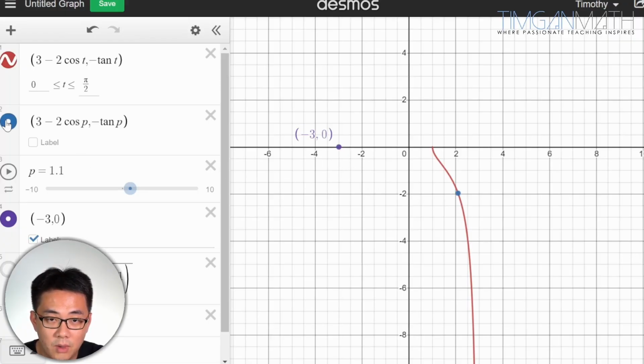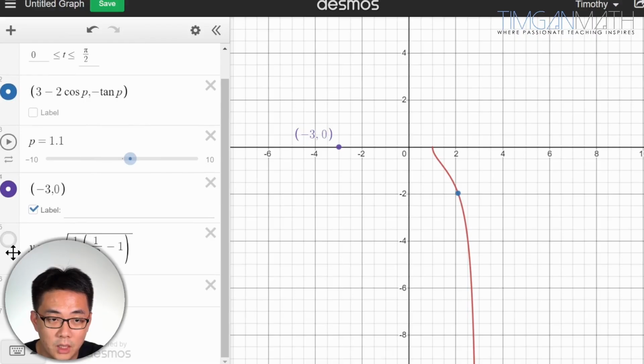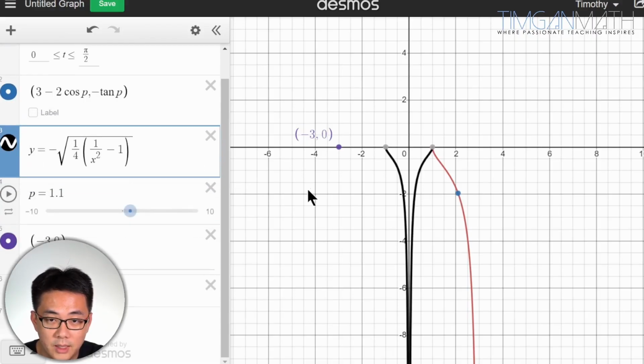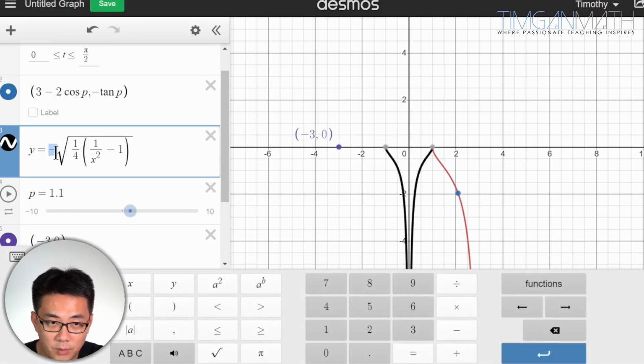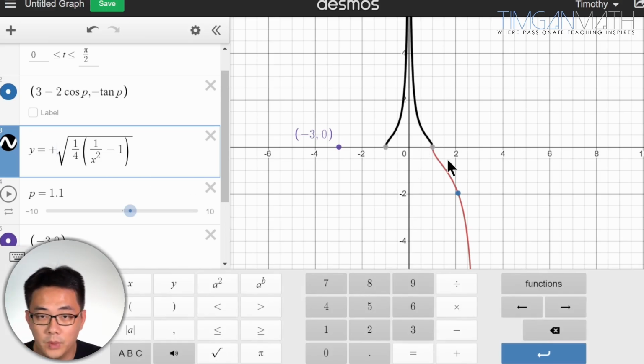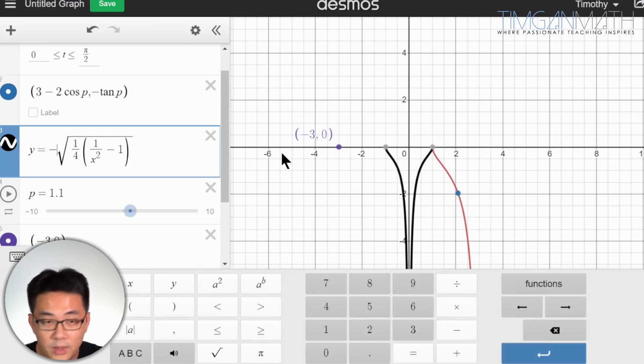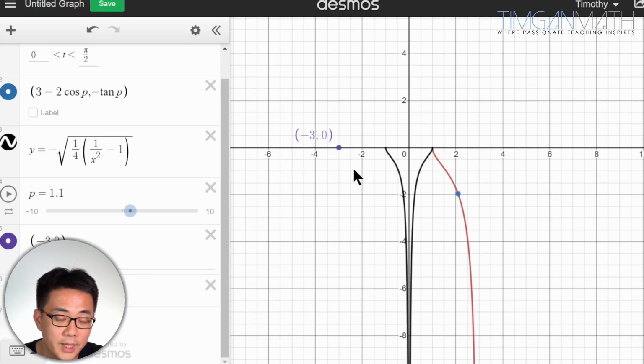You realize that the y value we found is a negative one, which is correct. If we don't take the positive one, it will be the one on top, which is not what we want. We want the one below. But when you draw the negative one, there are two curves at play as well.